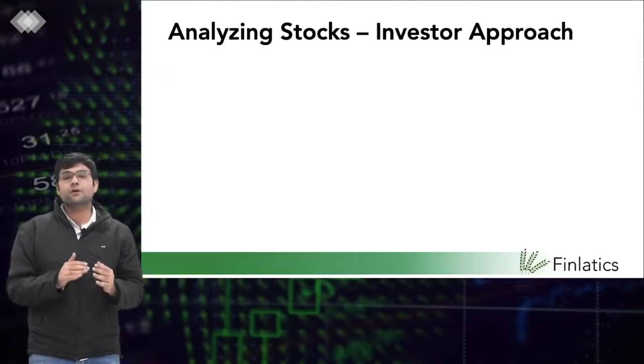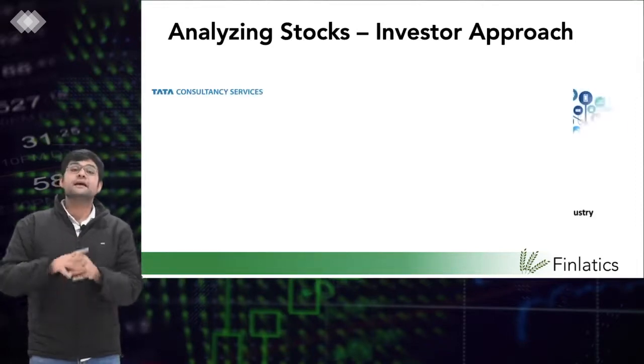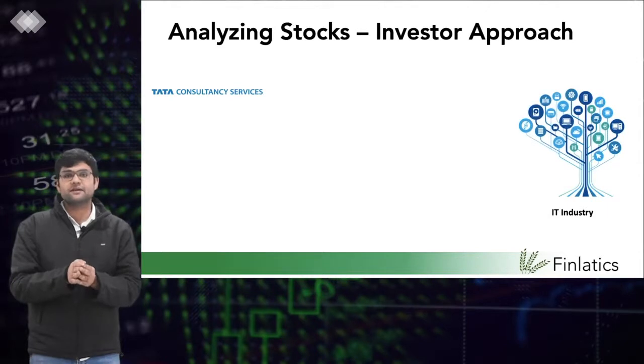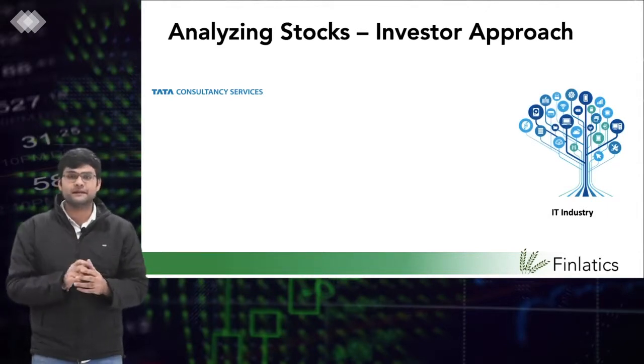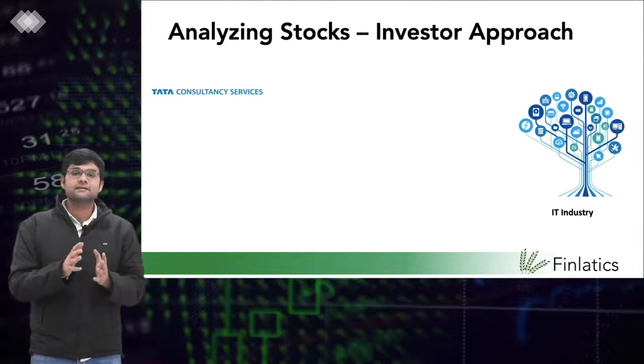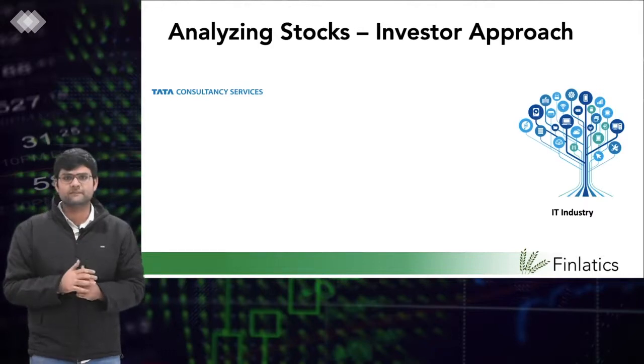The next natural step in your bottoms-up approach of study would be to study the information technology industry or the technology sector in which TCS is operating. To conduct this study, you would be comparing TCS with other peers or rivals that are also present in this sector.